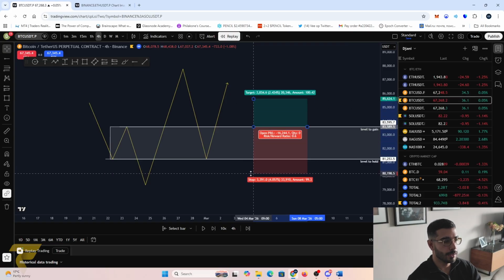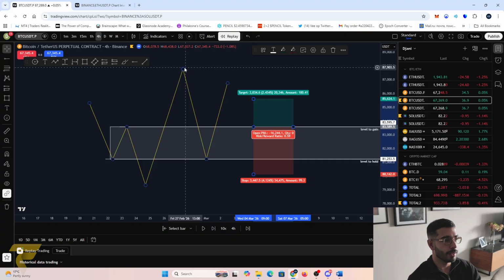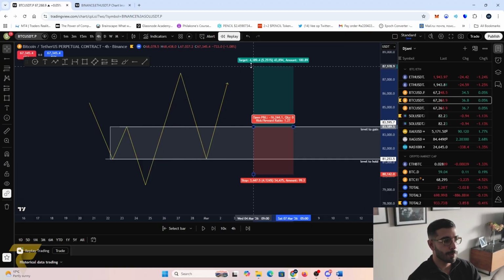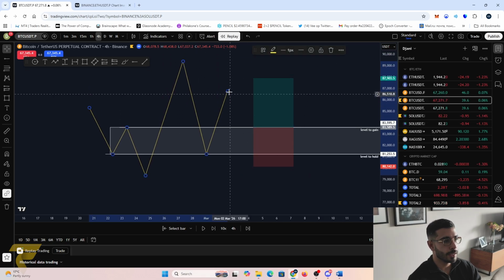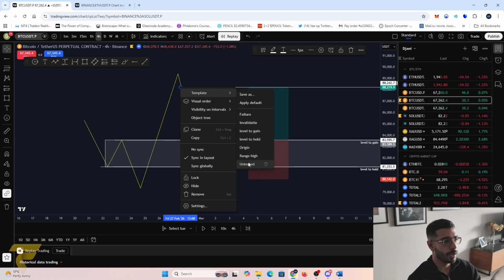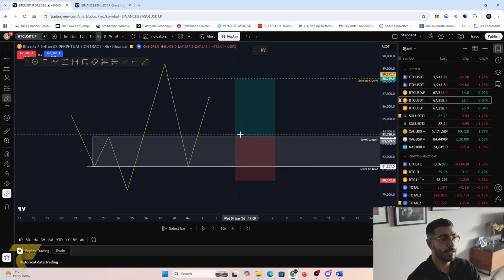where obviously we want to apply the same invalidation. In this case, this might not necessarily be the best example to give, but this is something that we want to do. Let's do it something like this. There we go. And this would be an untested level, so to say. There we go. What this means is that whenever price touches the level to gain, I'm in a specific position.